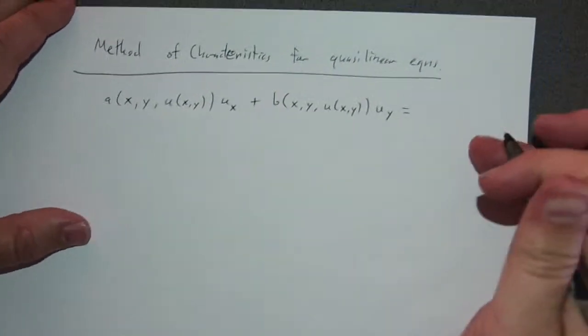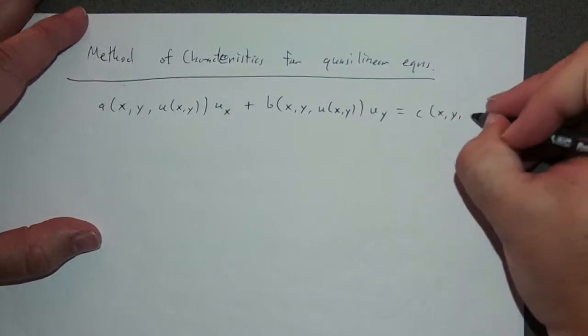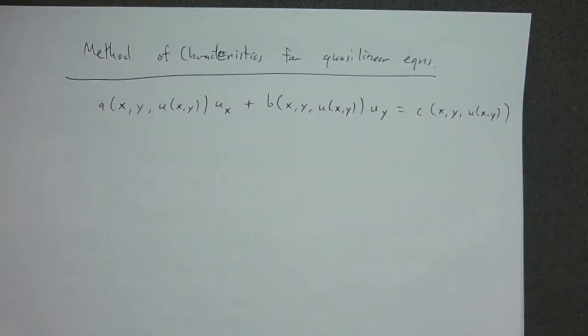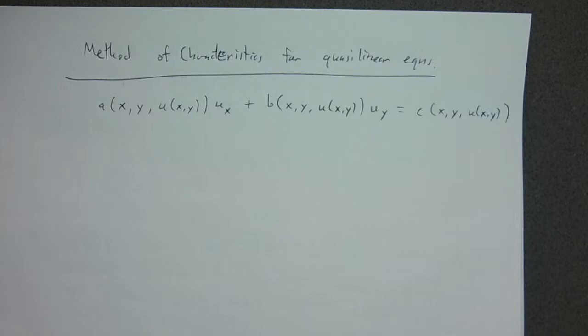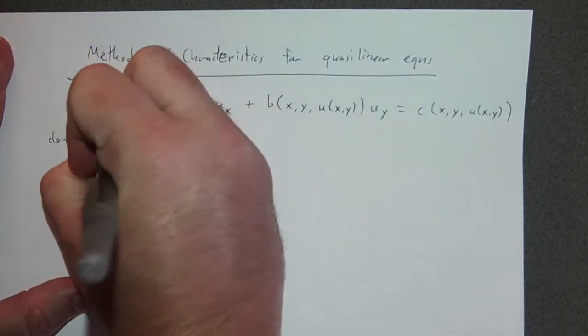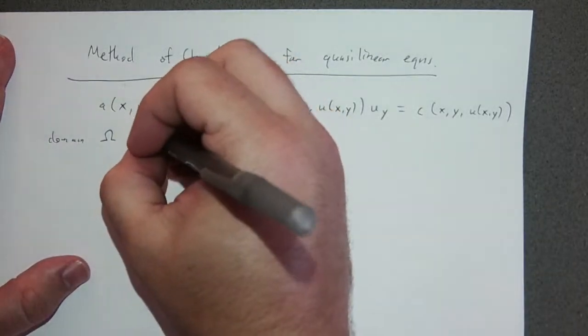That is equal to a third function, c, which is allowed to depend on x, y, and u itself. Okay. So we are given, of course, a, b, and c, and we want to solve this PDE in domain omega with data specified on some data curve gamma.